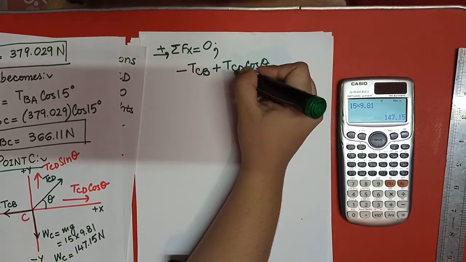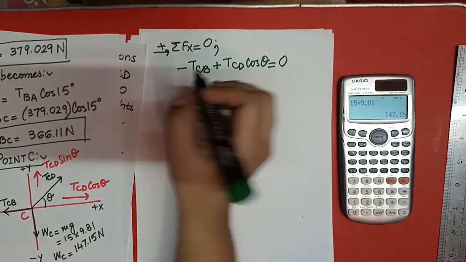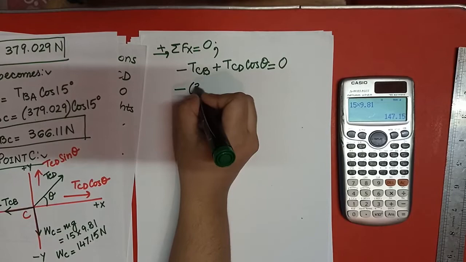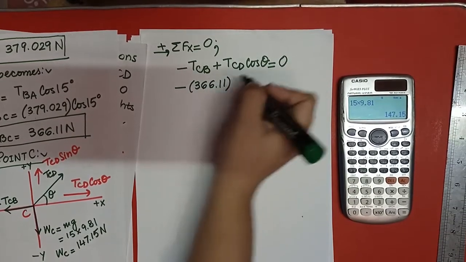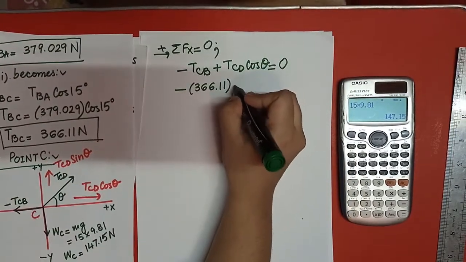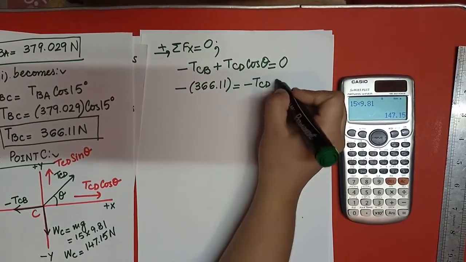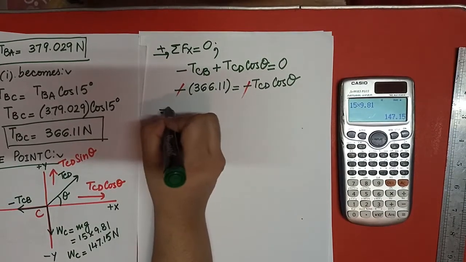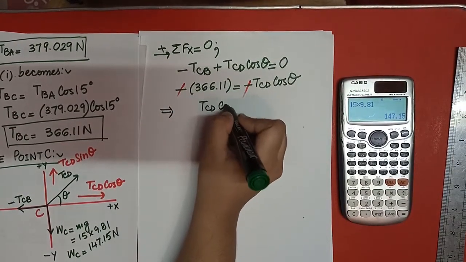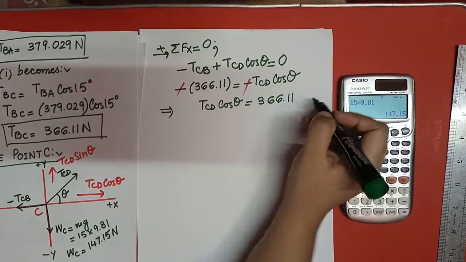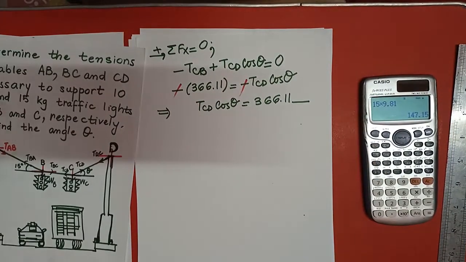We don't know the value of TCD and theta, both are unknown. So I have to put the value of TCB. TCB's value is coming out to be 366.11, which we calculated earlier at point B. So minus 366.11 plus TCD cos of theta equals 0. We cancel out the minus sign, and this will become TCD cos of theta equals 366.11, and this will be equation number 2, since we have already taken one equation.